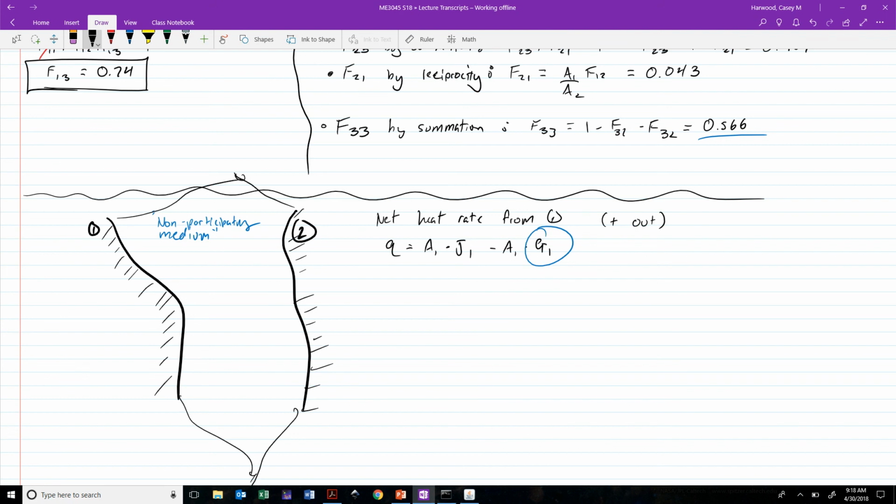Under those assumptions, and like I said, we'll wrap this up first thing on Wednesday, this is where you can find the stuff to help you out on that last homework problem. So there's this thing called the two-surface enclosure.